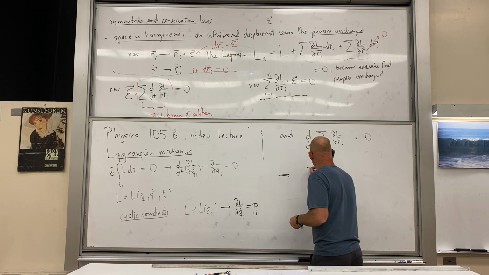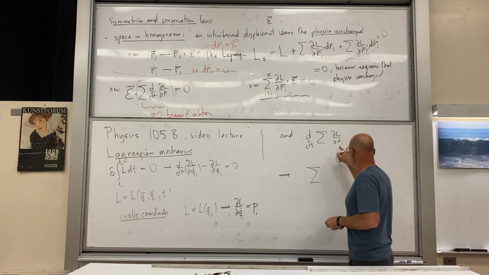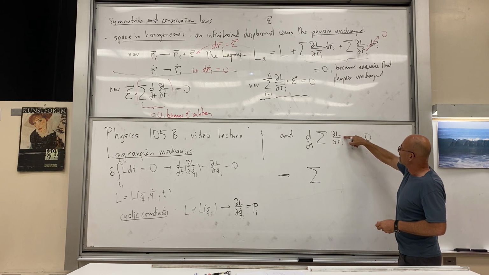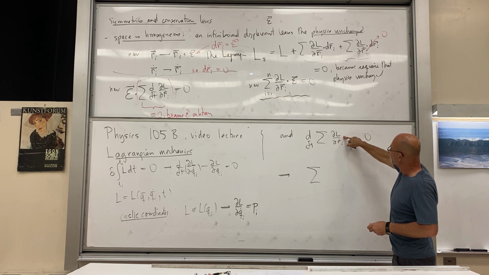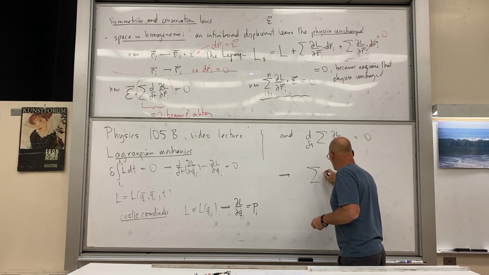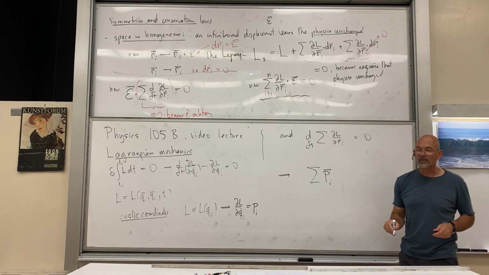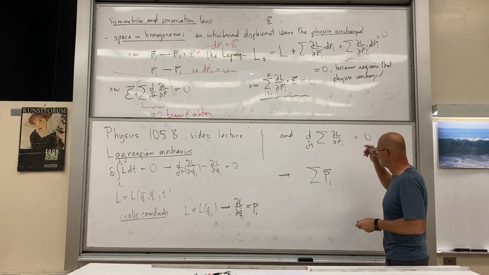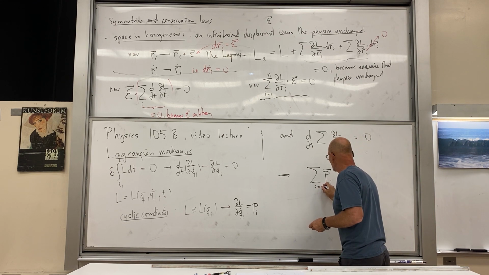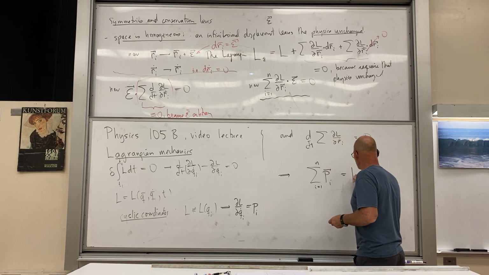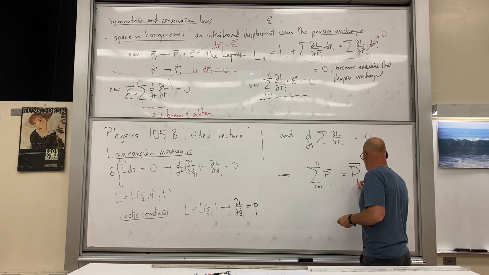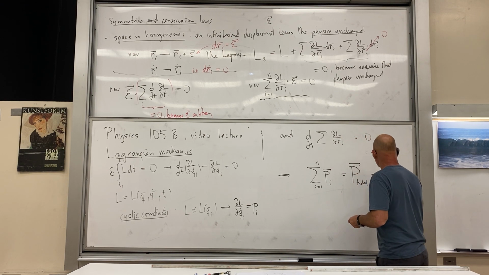And you can see now that the sum of all of these vanishes, but those are not only the generalized momenta, in this case they are the linear momenta because we're using Cartesian coordinates. And the total linear momentum is conserved.